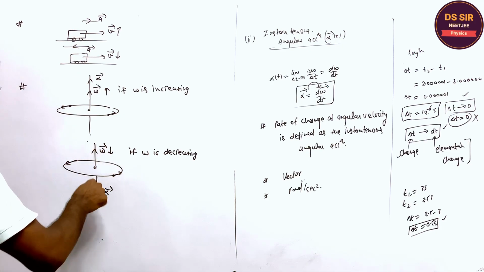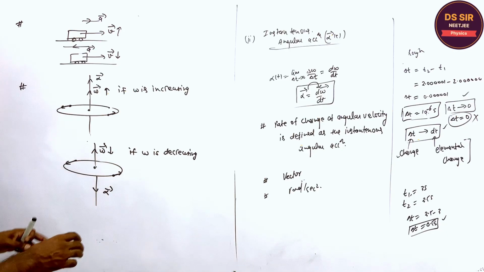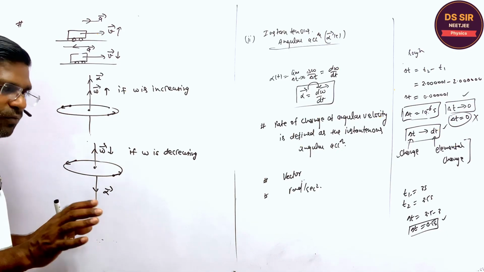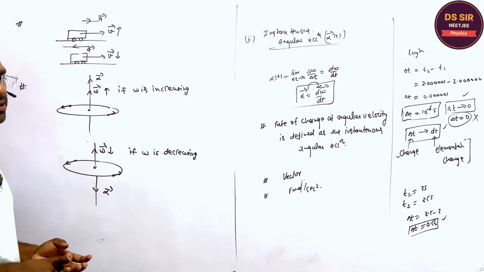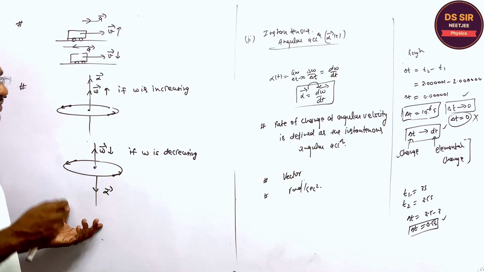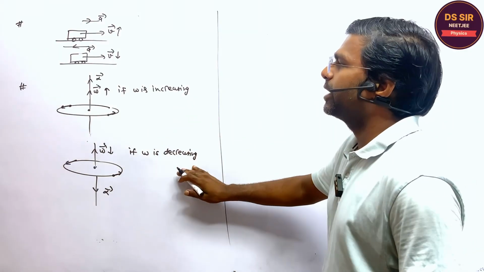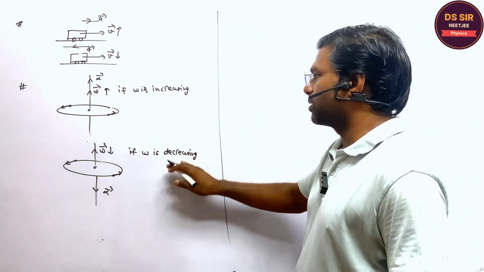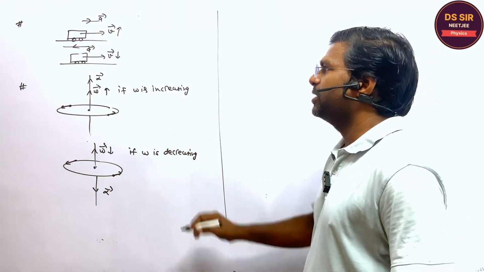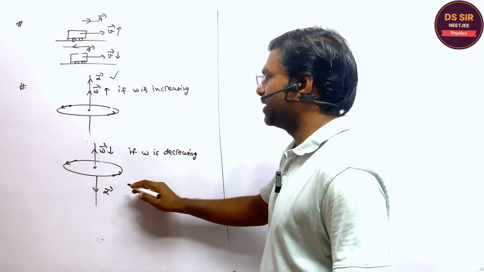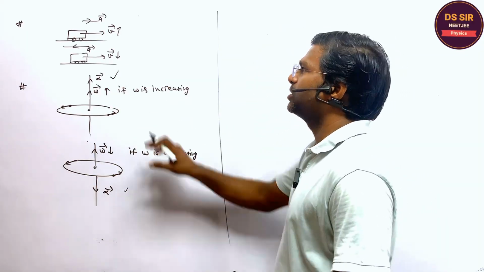This is the angular velocity and alpha is opposite to this. Do you understand this? If you want to ask any doubt, please ask. Is everything clear, Varsha? Very good. So this is the direction of the angular velocity and the angular acceleration. It may be treated as angular acceleration, or it may be angular retardation.